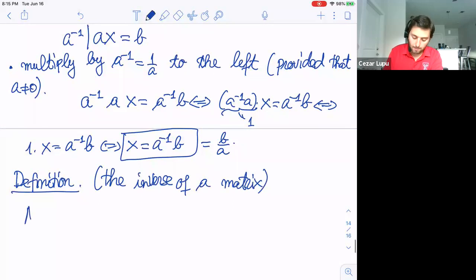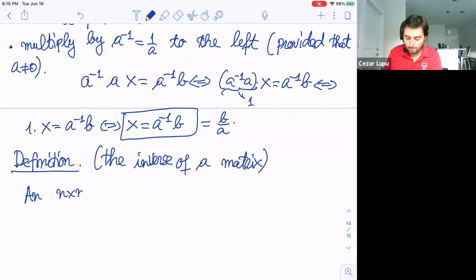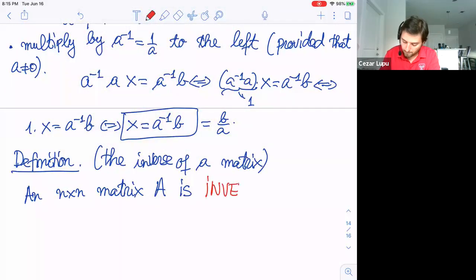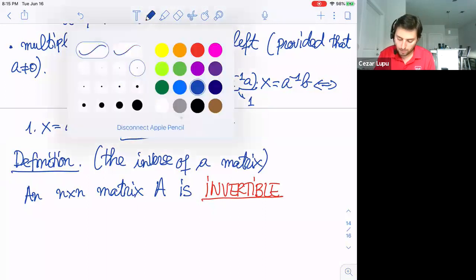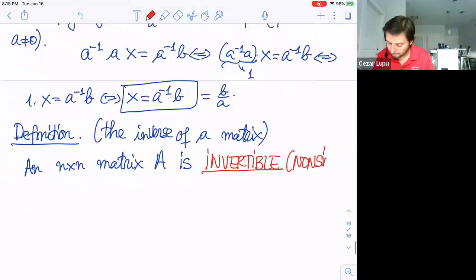It says the following, and I'm going to emphasize something here: an n by n matrix A is invertible. Sometimes we call this non-singular.